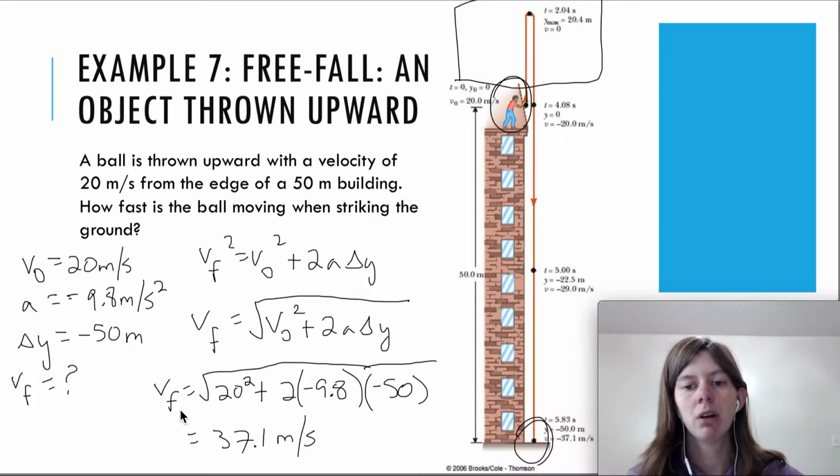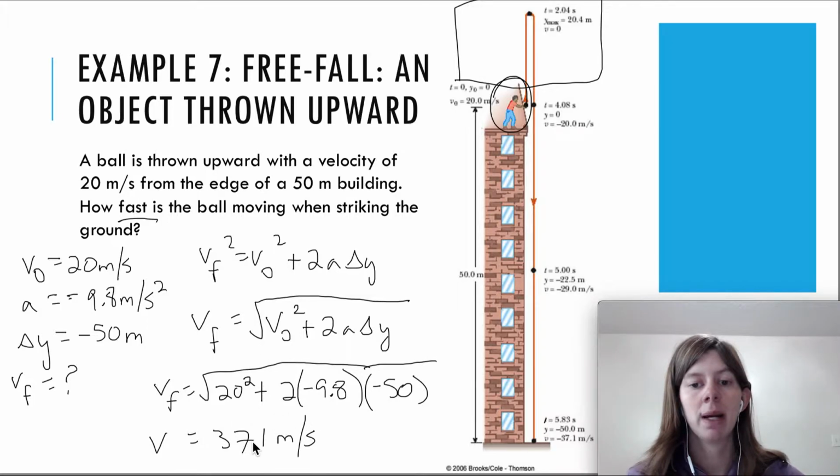Now, if we were solving for velocity, we would need to put a negative. As you can see in this picture here, there is a negative. But when the question says how fast, I interpret this as a speed. How fast is it going? It's going at 37.1 meters per second. So just to recap this particular problem, pay attention.